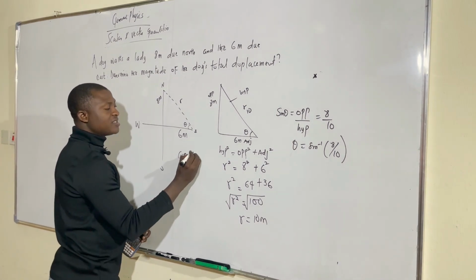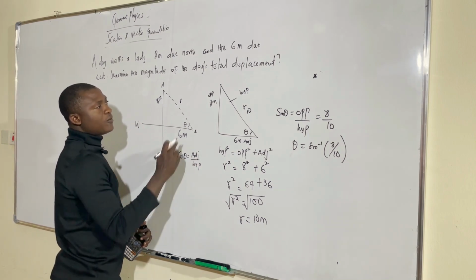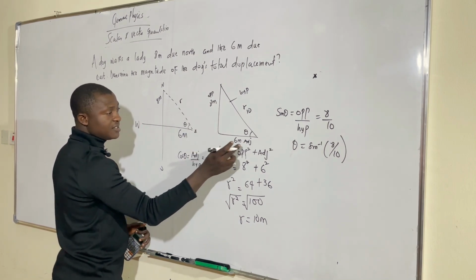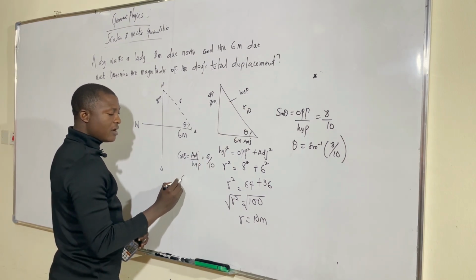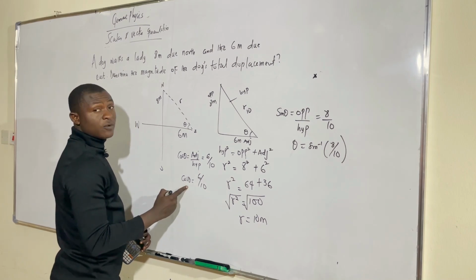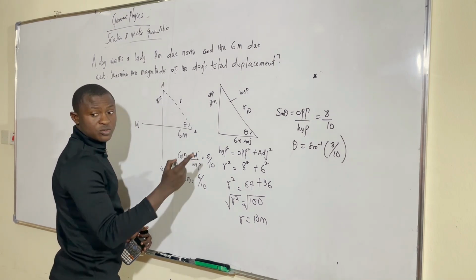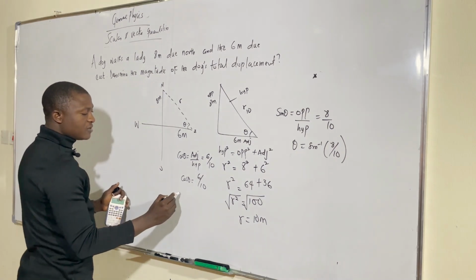Yeah, the formula for cos is adjacent over hypotenuse. So from here, my adjacent is 6, and the hypotenuse I have is 10. So that means I can have cos theta equal to 6 over 10. Since I'm looking for theta, I can find the cos inverse of that.